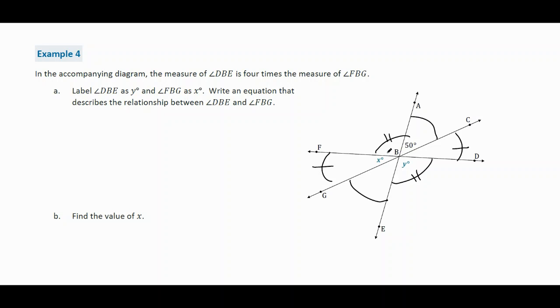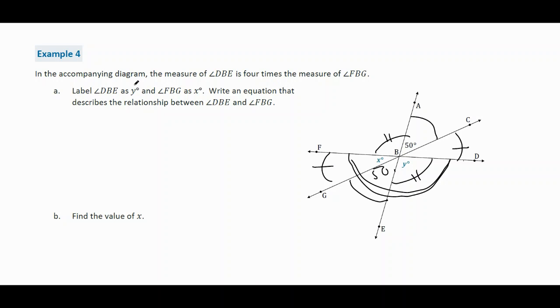Right? So if this is 50 and there is a straight line here, that is 180. But the thing is, y here and x there don't indicate what their measurement will be, right?